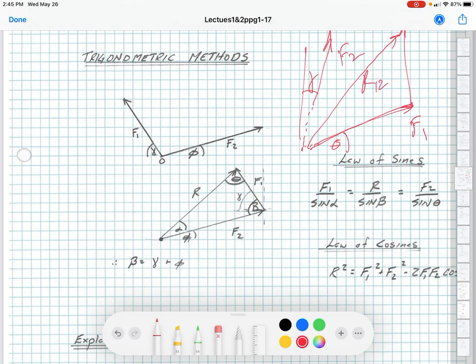I'll give you some examples on my next lecture, and we'll go through and follow what we want to do in order to calculate R, because once you have R, we're going to use that for a lot of design.